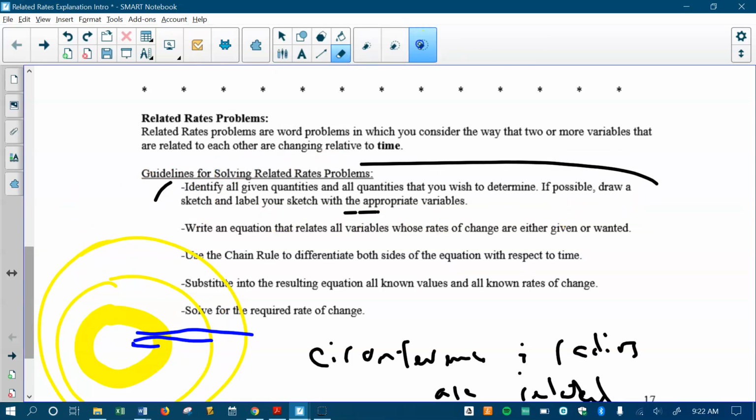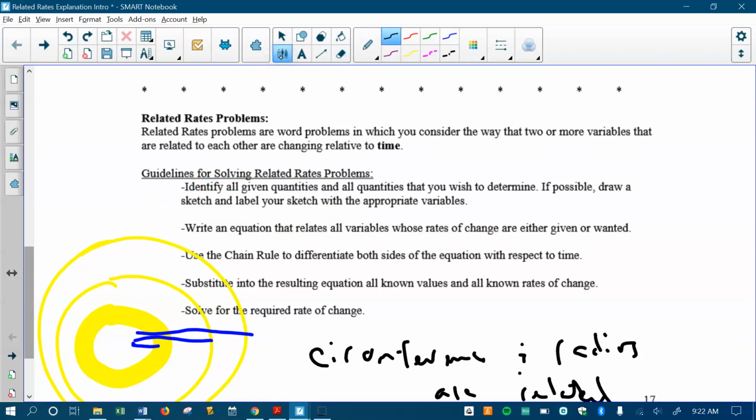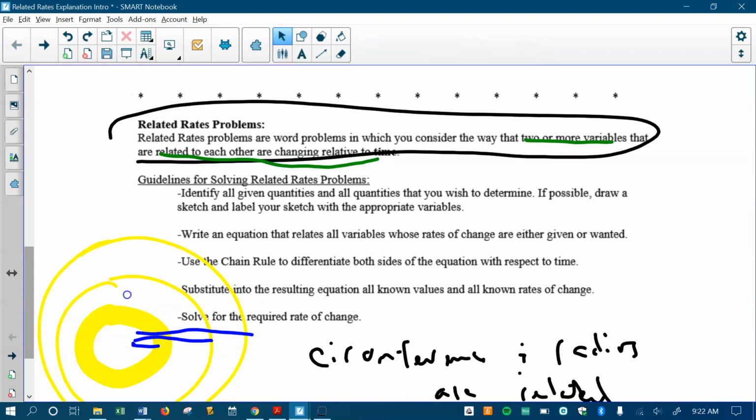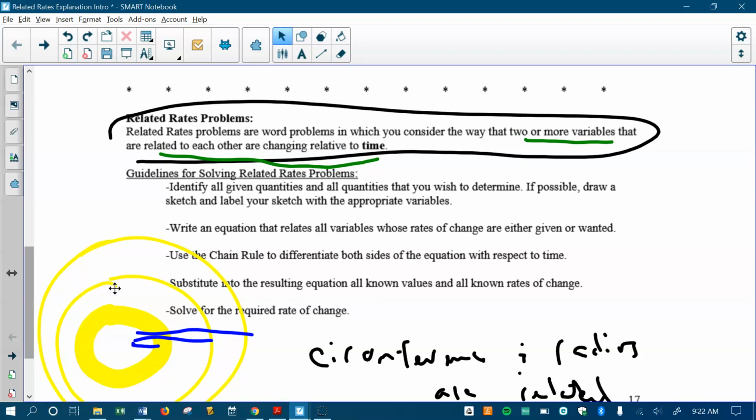That's what this sentence says: related rates problems are word problems in which you consider the way that two or more variables are related to each other and changing relative to time. So as this circle gets bigger and bigger, the radius also changes, so the circumference and the radius and the area are all related to one another in that way, and the diameter.